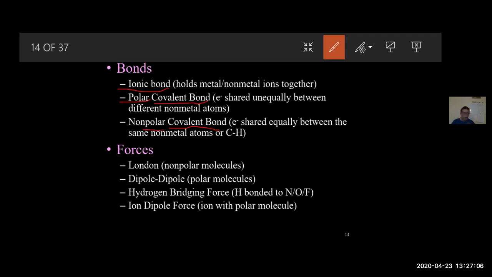All of the diatomic compounds are nonpolar because the two atoms are the same. There's an equal sharing of the electrons in that bond. And then we added the other example with carbon hydrogen. Even though they're different elements, their electronegativity to each other is minuscule. There's literally no difference, therefore they're nonpolar.